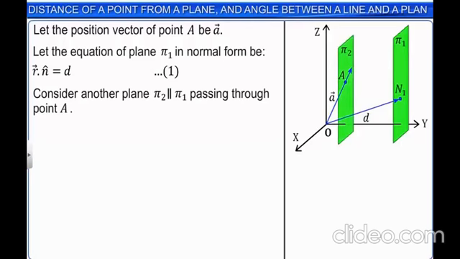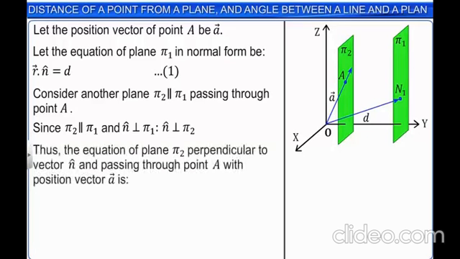Since plane pi2 is parallel to plane pi1, unit vector n, that is perpendicular to plane pi1, is also perpendicular to plane pi2. Thus the equation of plane pi2 perpendicular to vector n and passing through a point with position vector A is given by equation 2.